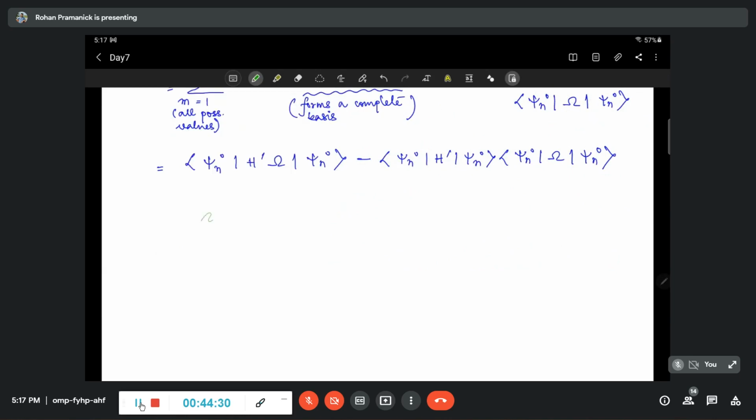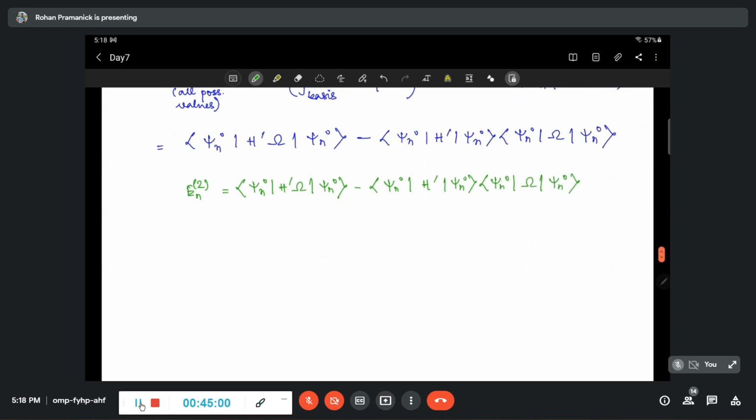So let's write it. Your En2, the correction to the second order energy, is now a compact expression which does not involve a sum: psi n0 h prime omega psi n0 minus psi n0 h prime psi n0 psi n0 omega psi n0.